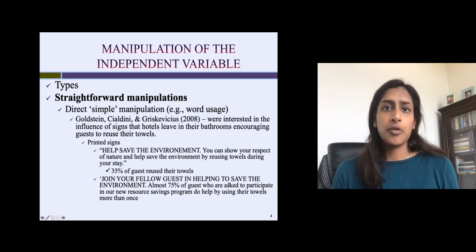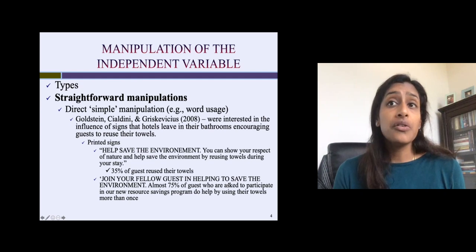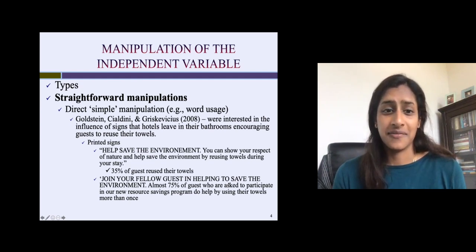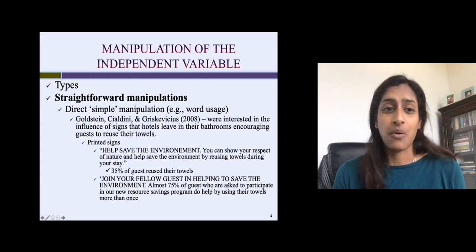They then had another manipulation, and on the card they wrote something like this: "Join your fellow guest in helping to save the environment. Almost 75% of guests who are asked to participate in our new resource saving program do help by using their towels more than once."